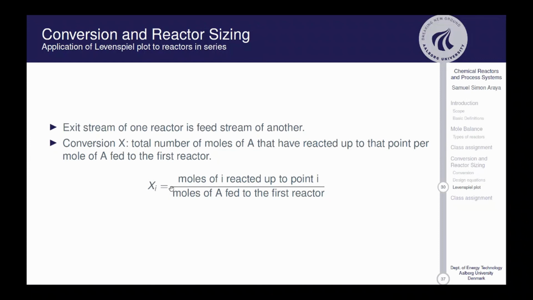So Xi, which is on the ith reactor, is moles of A reacted up to that point, up to point i, divided by the moles of A fed to the first reactor. Because in this case, the exit stream of one reactor is the feed stream for the upcoming reactor. But when we talk about conversion, the conversion in the last reactor is in relation to what we fed in the first reactor.